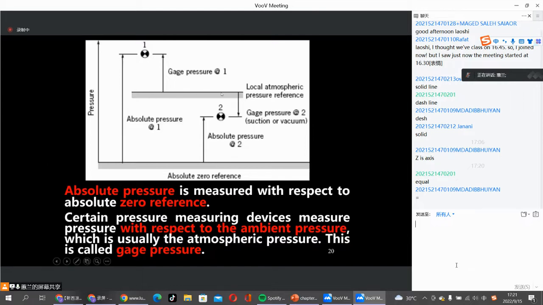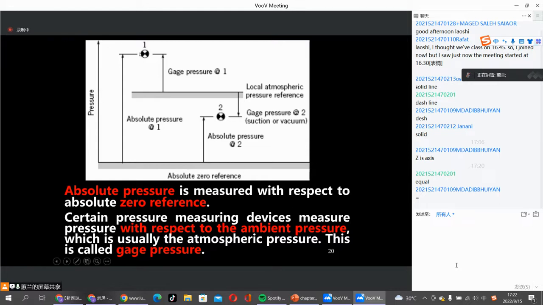Here, we have the local atmospheric pressure reference. And at point one, we can measure the pressure relative to the absolute zero reference. This pressure we call absolute pressure. That means absolute pressure is measured with respect to the absolute zero reference.